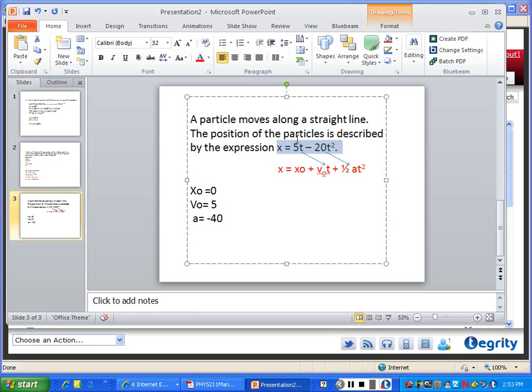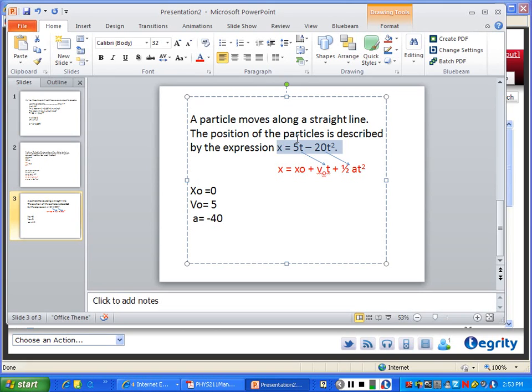Okay, so it's moving with a positive velocity but a negative acceleration, so it's slowing down. So it's going to slow down and slow down. Finally, it's going to stop, and then it's going to start going the other way because the acceleration is still there. The acceleration is still in the negative direction. So the positive velocity gets reduced and reduced down to 0, and then it turns around and goes the other way. Right?